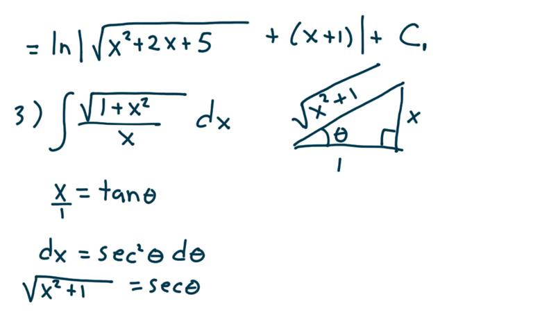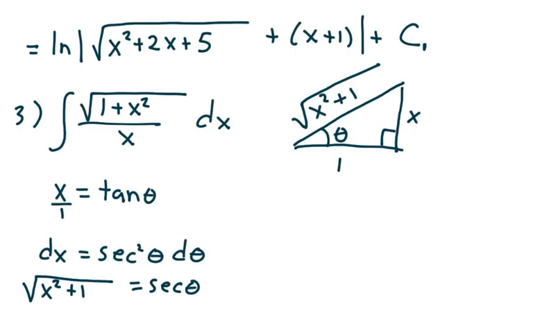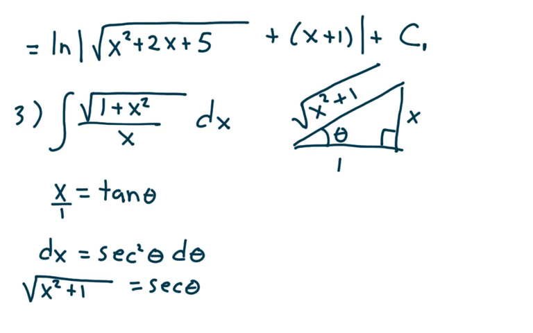Now, let's come over here. So this is the integral of, now I'm going to replace the square root of x squared plus 1 with secant theta. Okay? I'm going to replace x with tangent theta. And then I'm going to multiply by secant squared theta d theta.